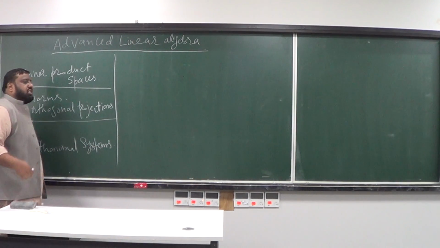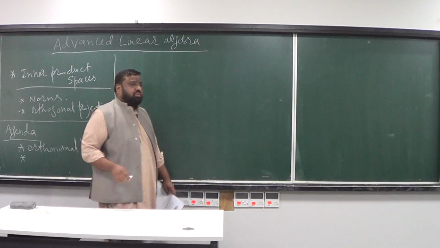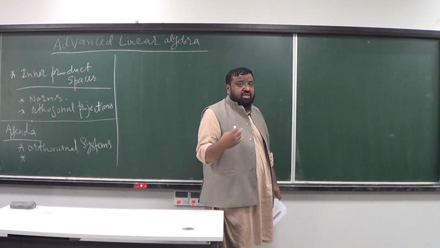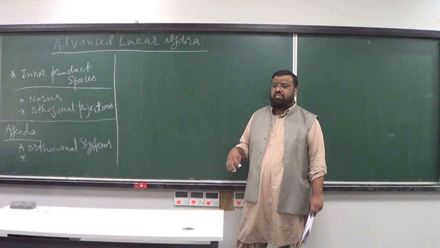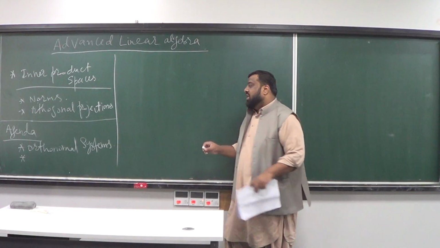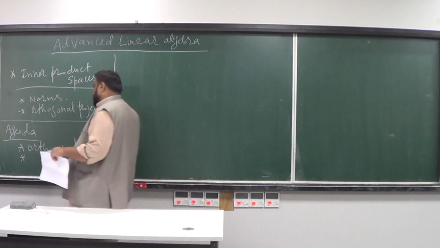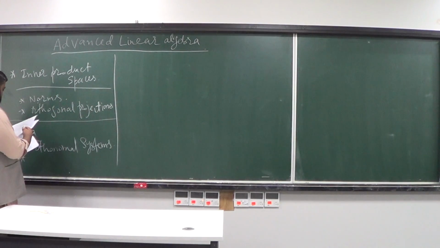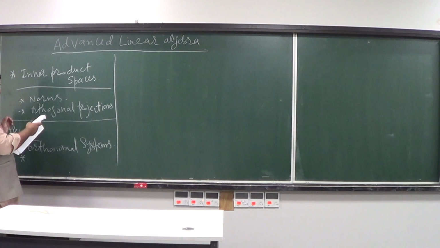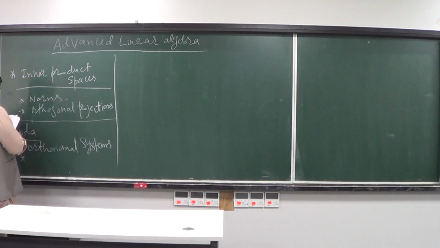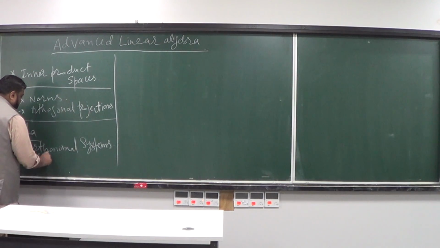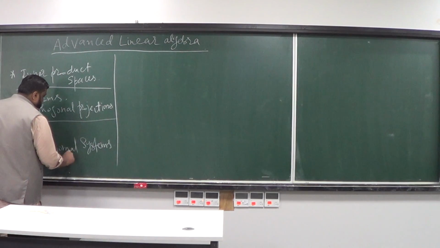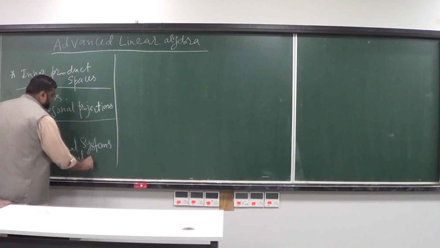What is the relationship of orthonormal systems with the basis of finite dimensional vector spaces? This would be the first thing that we are going to do, and then using these orthonormal systems, we will talk about orthonormal bases.